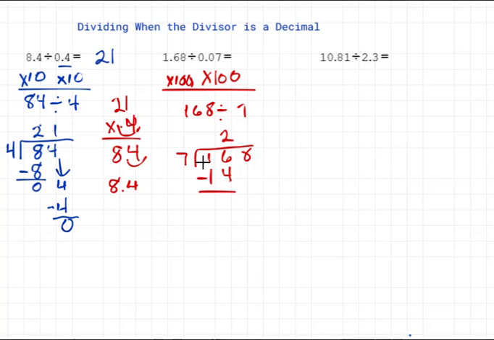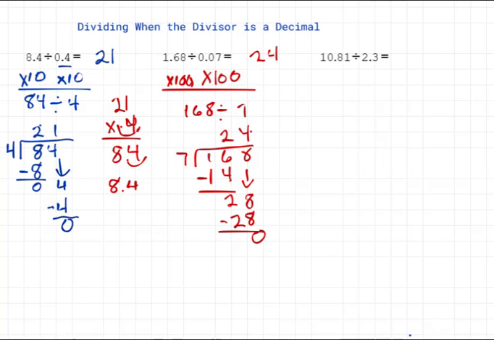Subtract. 16 minus 14 is 2. I'm going to bring that 8 down. 7 can go into 28 4 times. 4 times 7 is 28 with no remainder. So the answer would be 24.